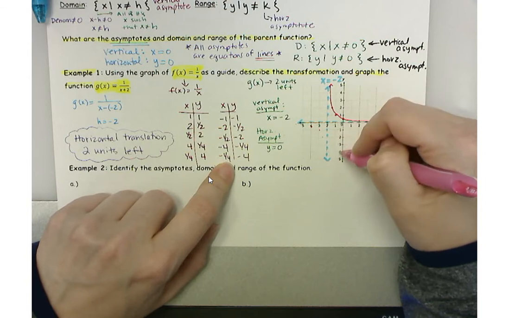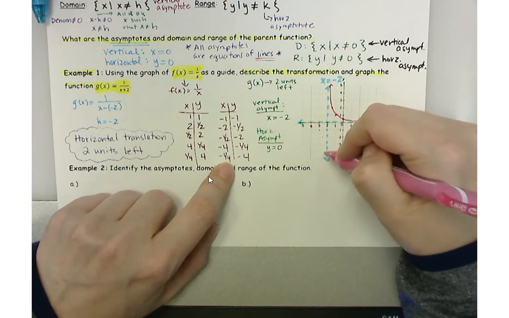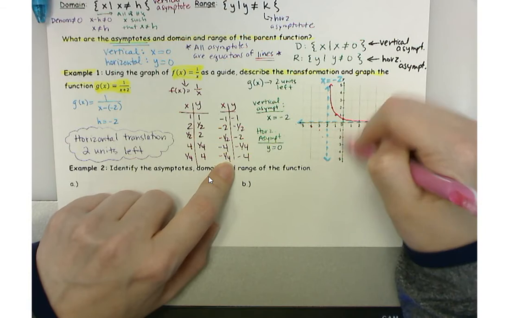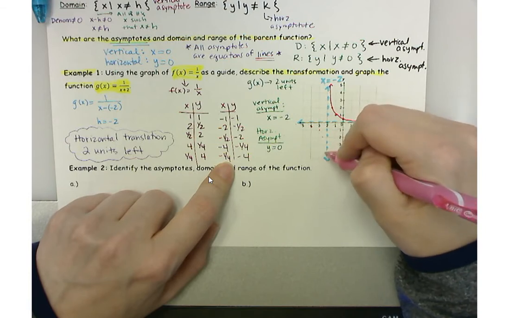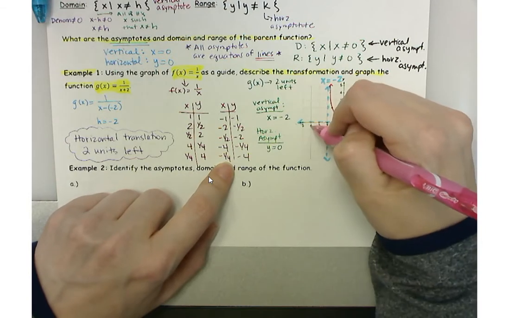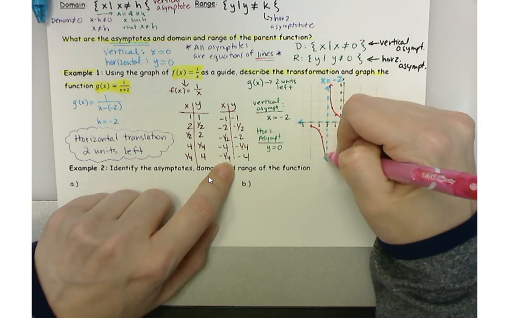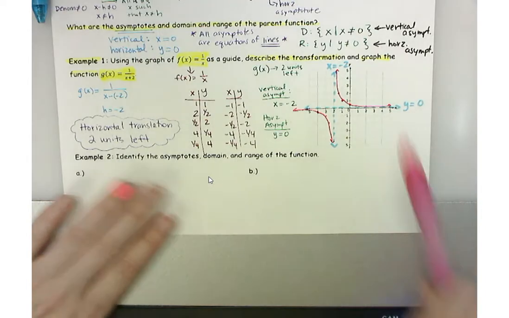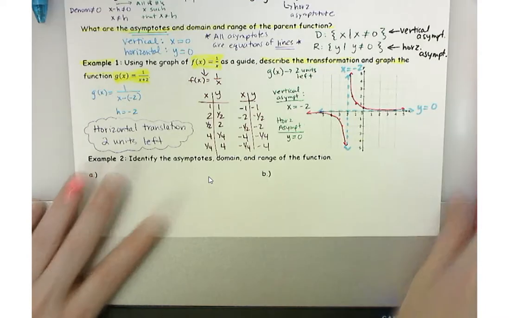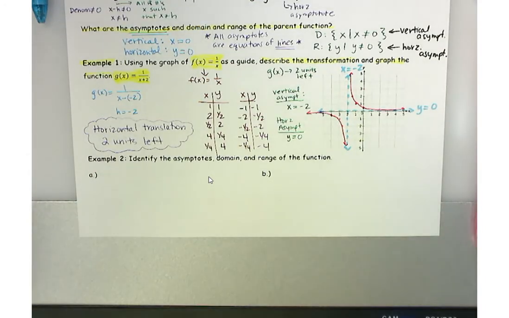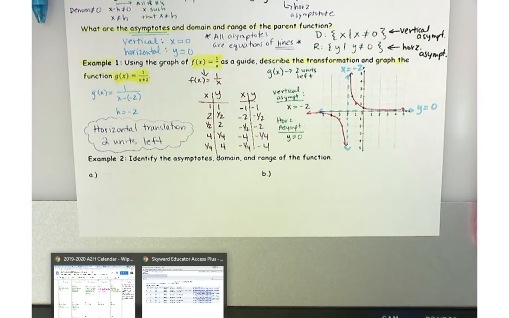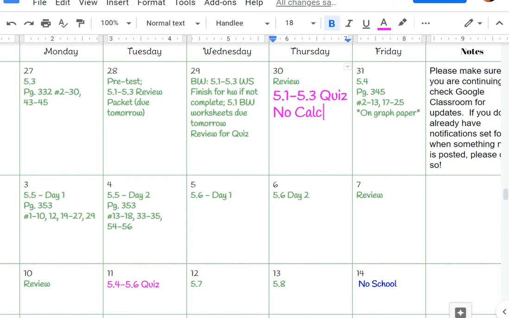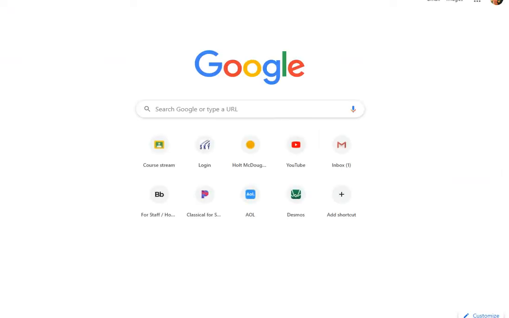Alright, now I'm just going to show you on Desmos. So you could do this part with me on Desmos.com. You can just go to start graphing. And you can put y equals, or you can put f of x equals.